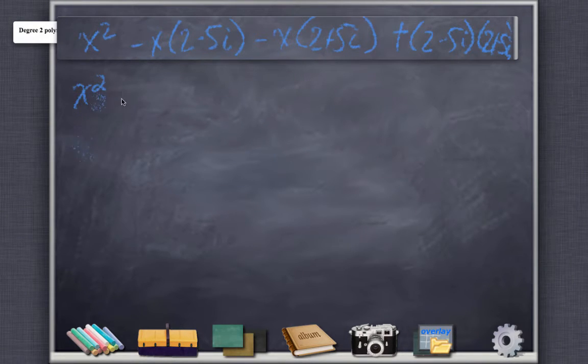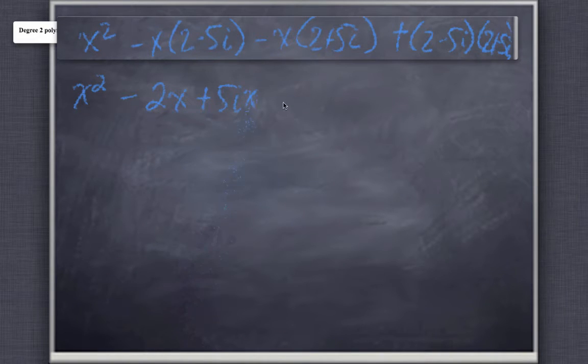So x squared minus 2x plus 5ix minus 2x minus 5ix plus 2 minus 5i times 2 plus 5i. When I FOIL it, I'll get the 2 times 2, but then minus 10i plus 10i, those cancel. And then I get minus 5i times plus 5i, so minus 25i squared.